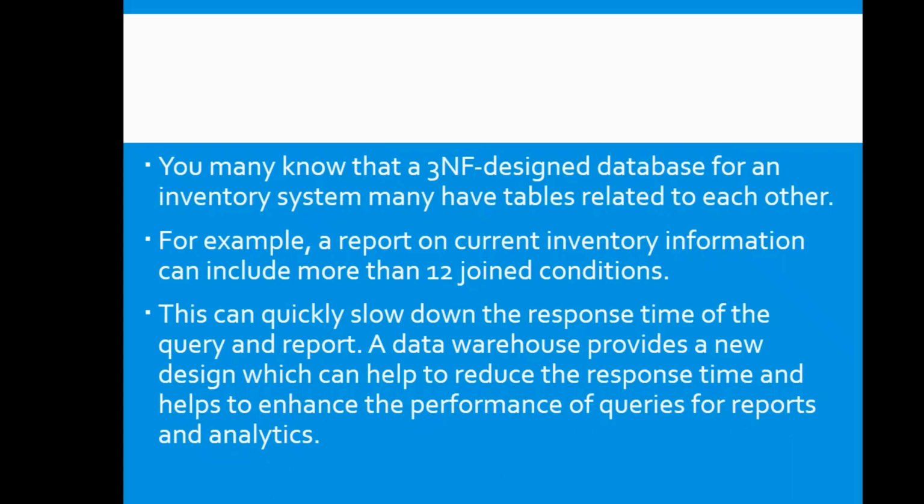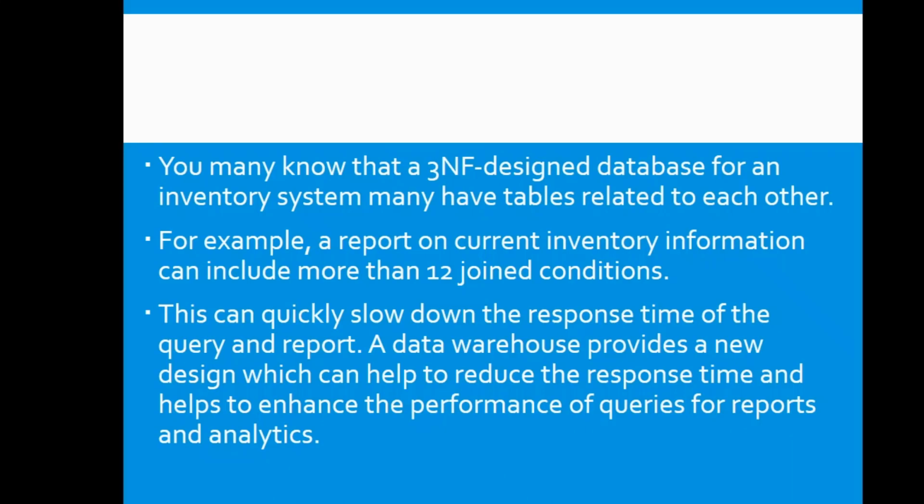Here in this context, you know that a 3NF database design for an inventory system may have tables related to each other, and all these tables are logically related, and we can have an ER diagram of the same. For example, a report on current inventory information can include more than 12 join conditions.